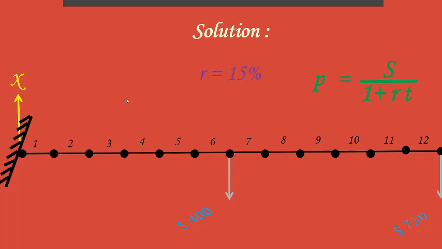So S will be equal to P times 1, so S will be equal to P. Replace P with X, so S will be equal to X. In this example, we will replace the old obligations, 400 and 750, with a single payment due at the focal date, now.